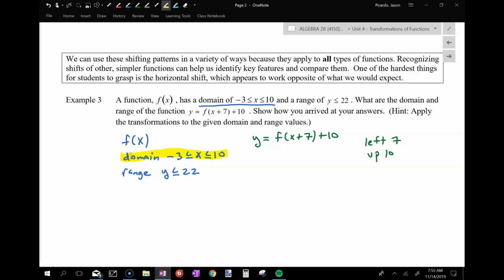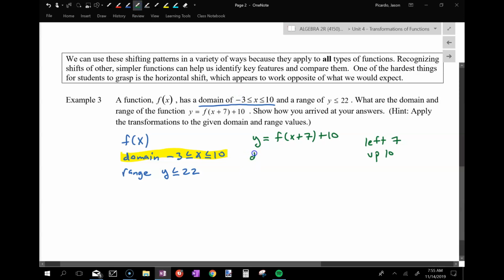So all I'm going to do is take my domain of -3 to 10, and because I'm going left 7, I'm going to subtract 7 from both of those, which means that my domain is now -10 to 3.